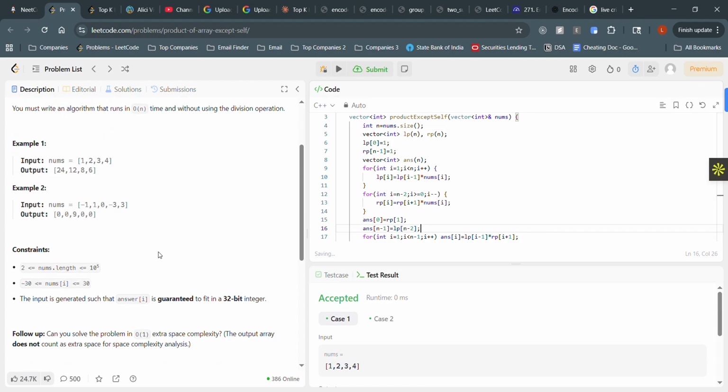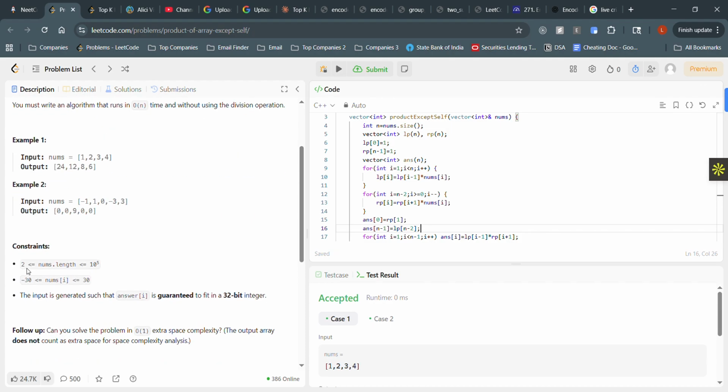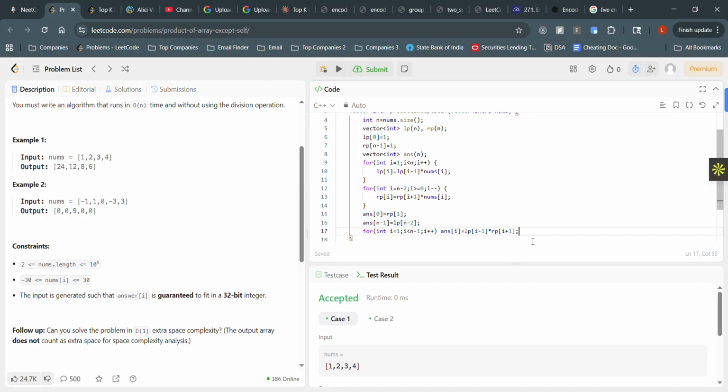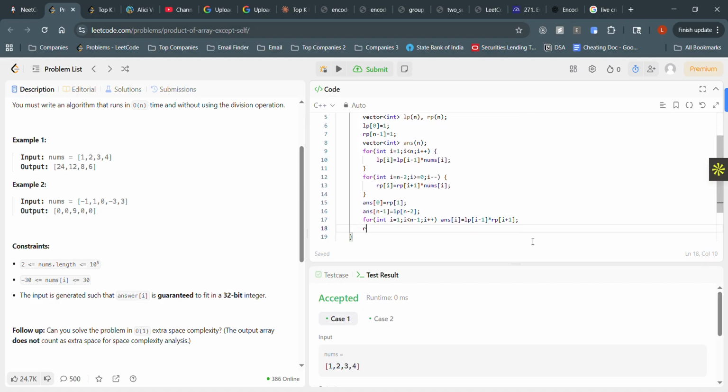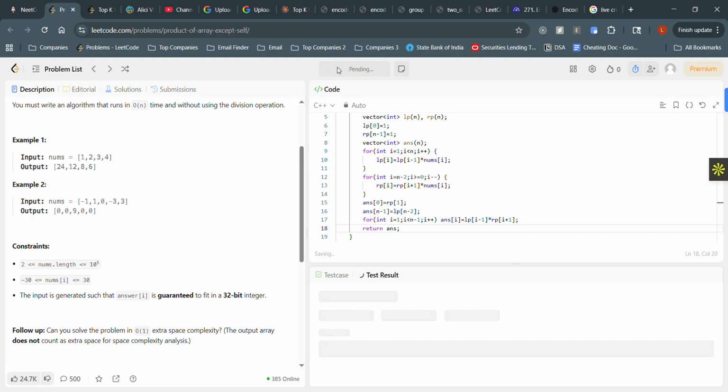Alright, everything's clear till here, because we are given that the minimum length is 2, so these will both run with no problem. And then we finally return our answer. Let's try running it.